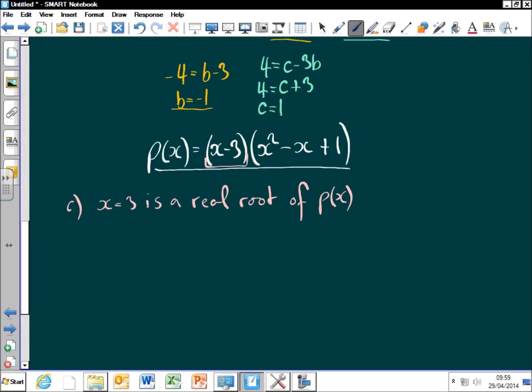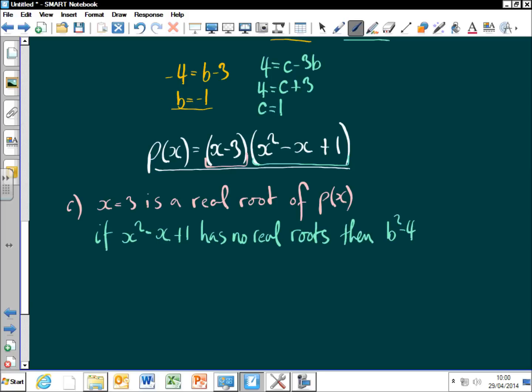So we've basically got to show that this bit has no roots. This little quadratic there, it can't be factorised, it can't be split up. It has no roots. So the way to do that is if x squared minus x plus 1 has no real roots, which is what we're trying to show, then the discriminant b squared minus 4ac has got to be less than 0.